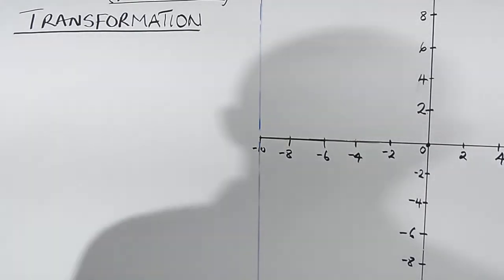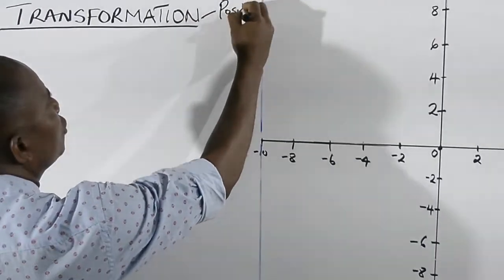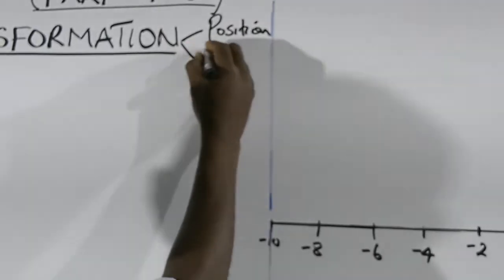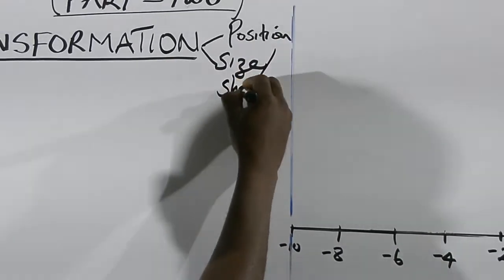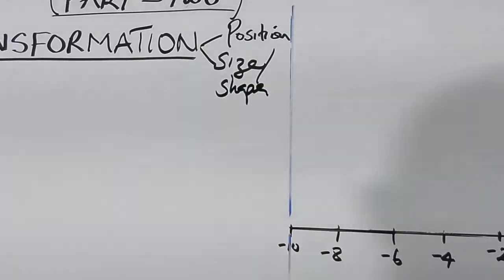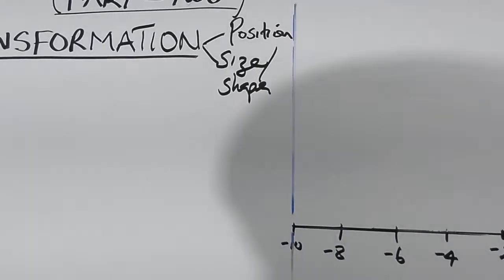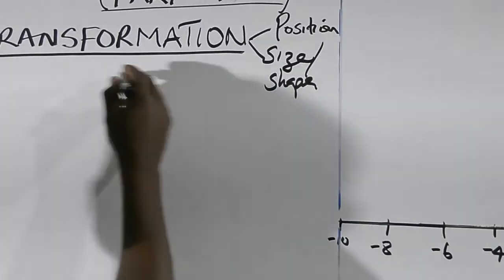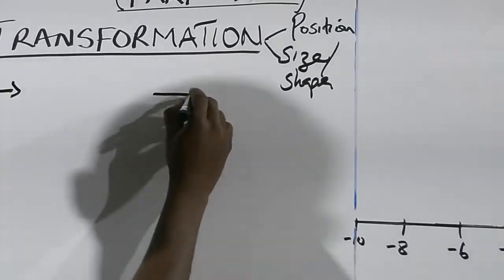Transformation is change. You change your position and you change your size or shape. So it could be the process by which the vector changes its position and also its size. So you can change your position, like the vector was somewhere there, then I move it to another position.